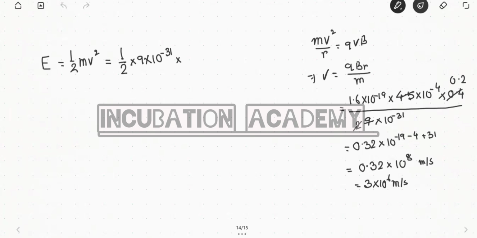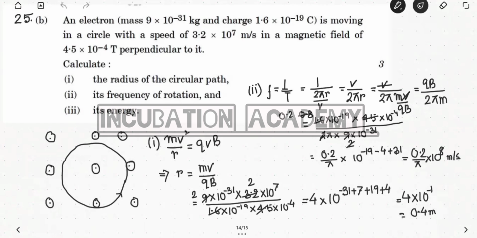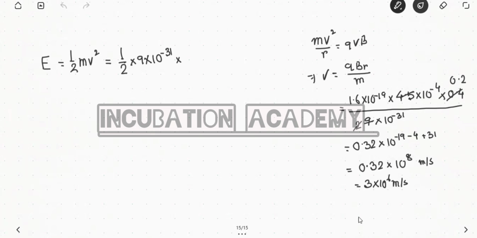Then what was that value? That is not the velocity, that is the frequency, so it is in hertz. So it is 3 into 10 to the power 6, so obviously it is not relativistic.